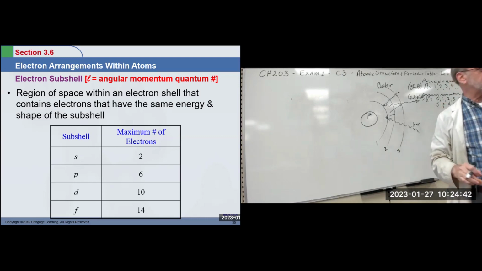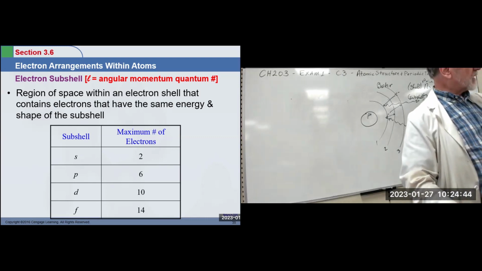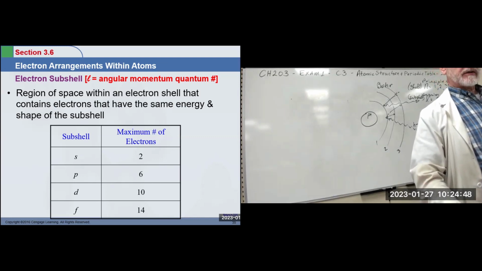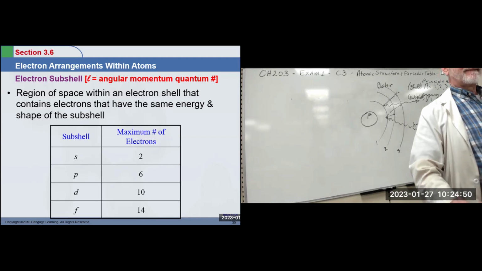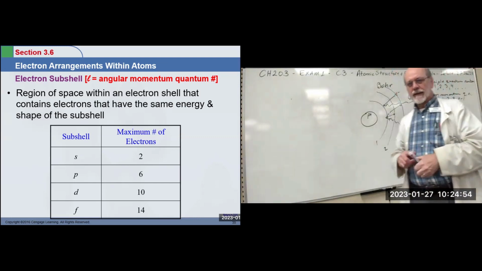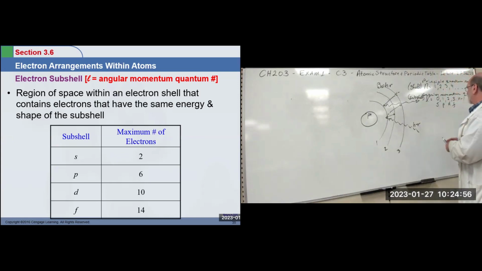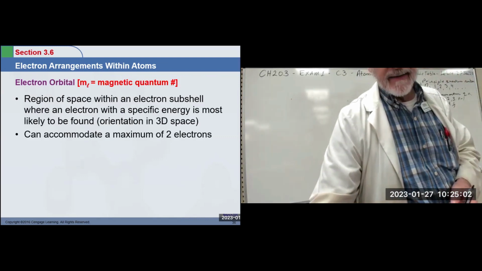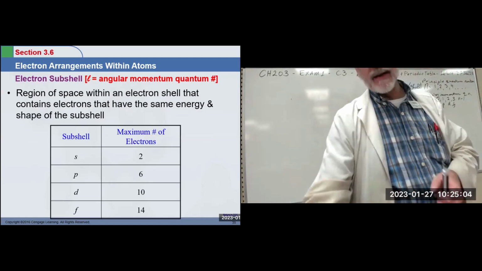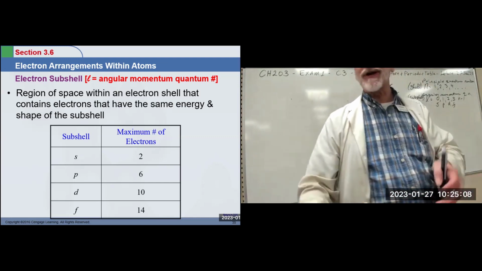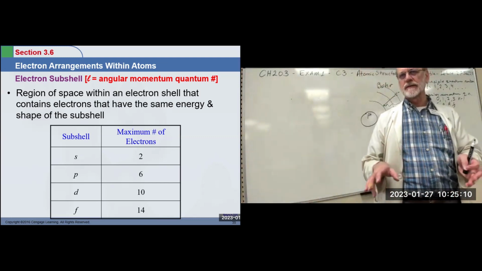If we look at the periodic table, we can say something about what electrons are going into which shells. I'll say more about that in a minute. I'm going to come back to the maximum number of electrons you can have, because right now it won't make any sense.